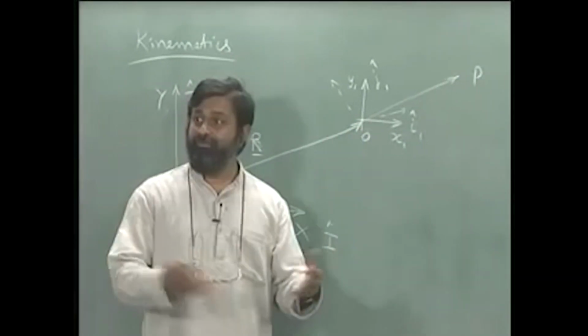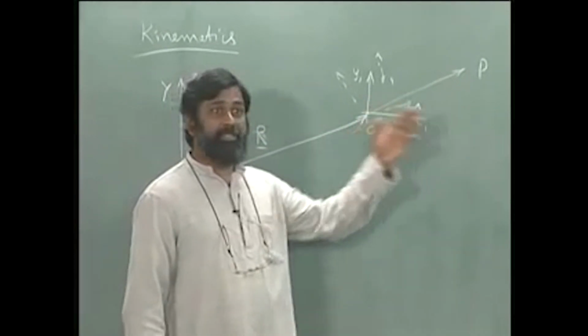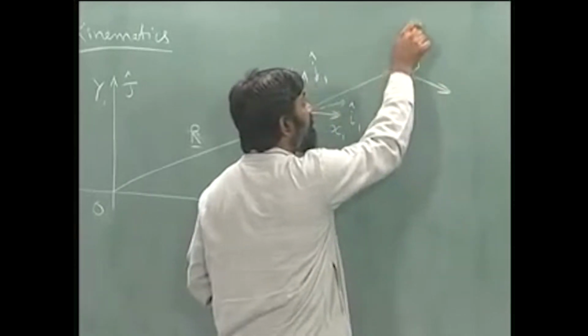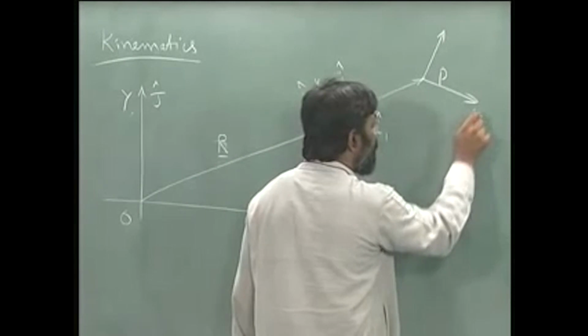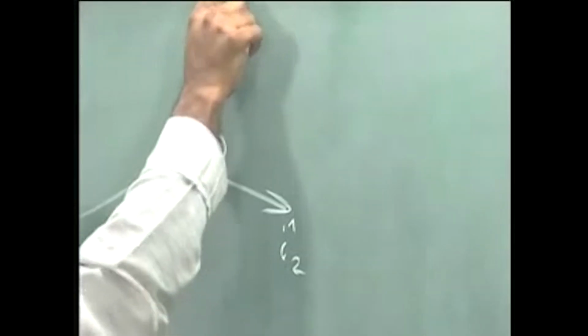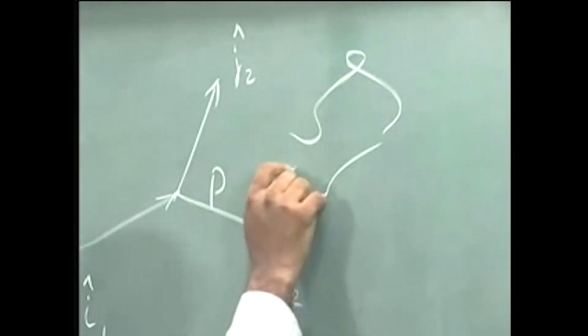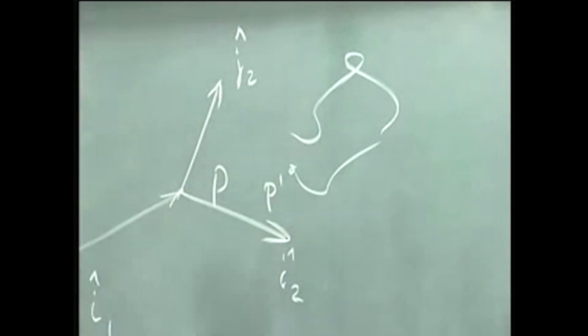Within Chennai I have a vehicle in which, let us say, the studio exists, which means I have another frame of reference with respect to this frame of reference. Let me call it I2 J2, and I could be moving around here. Let us call this P prime, which is Shiva moving around like this.